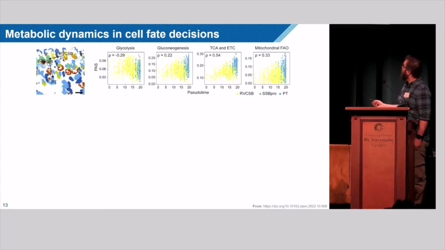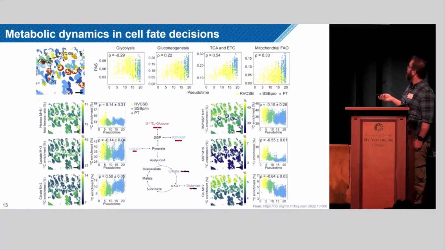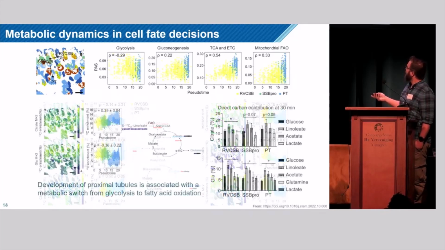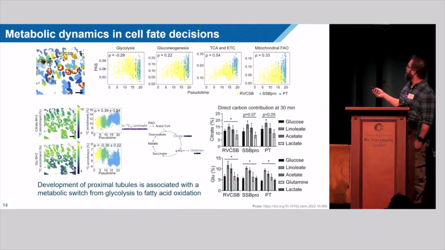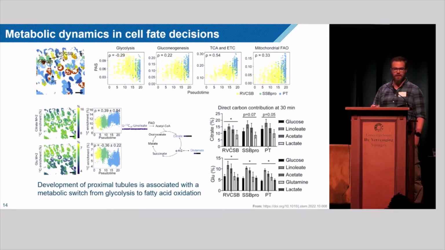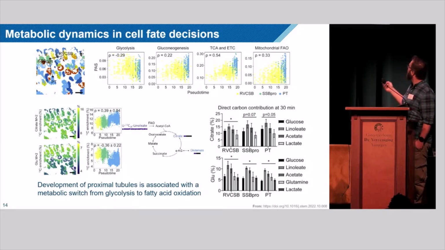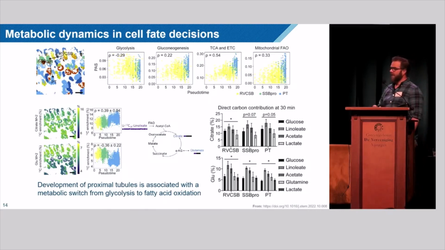Tracing glycolysis using uniformly labeled glucose as a nutrient for these tissue sections, as well as linoleate, we were able to confirm that this pathway draws most of its energy nutrient consumption from linoleate rather than glucose, and it changes over time. So the development of proximal tubules is associated with a metabolic switch from glycolysis to fatty acid oxidation.